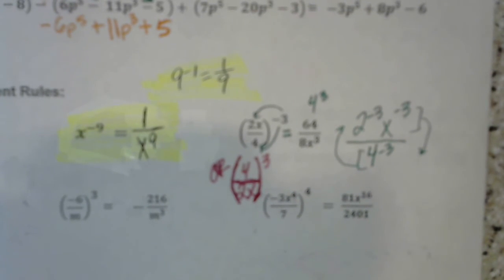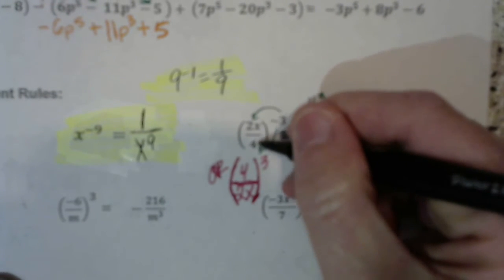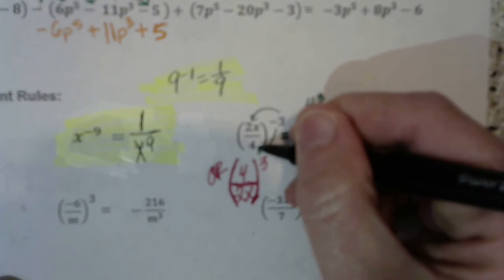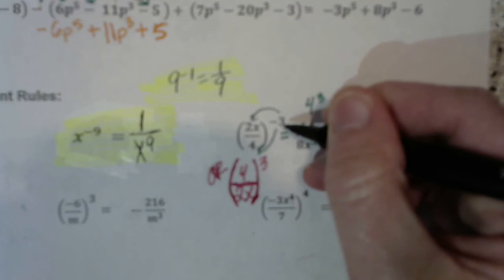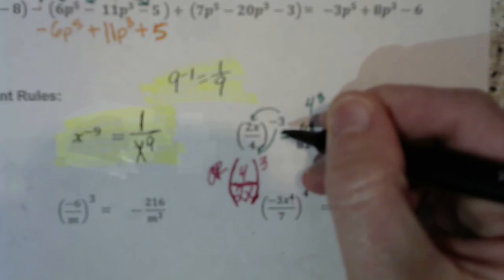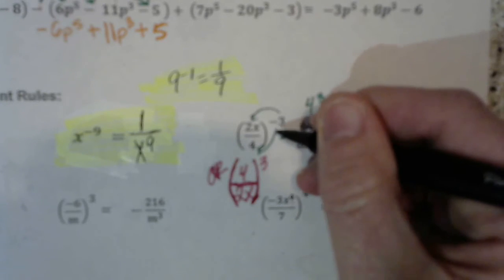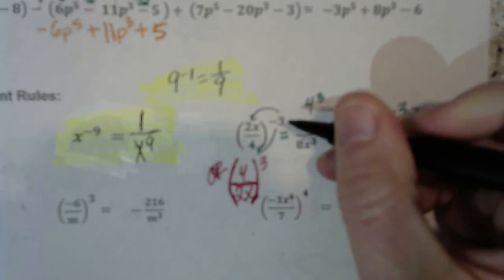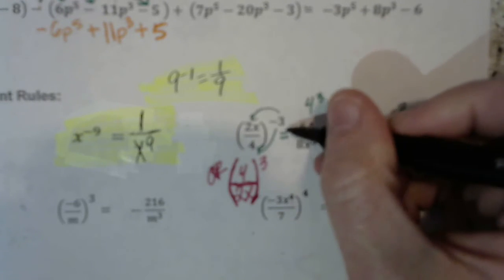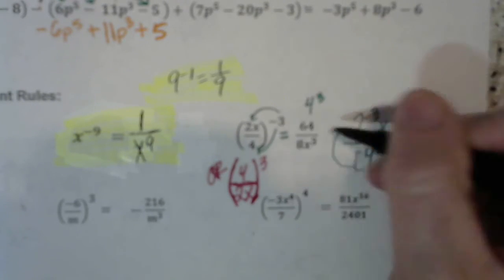One interesting thing about a fraction, 2x over 4 raised to a negative exponent, you can actually think of this 2 different ways. So in this green way, I distributed the negative 3 into the top and the bottom.